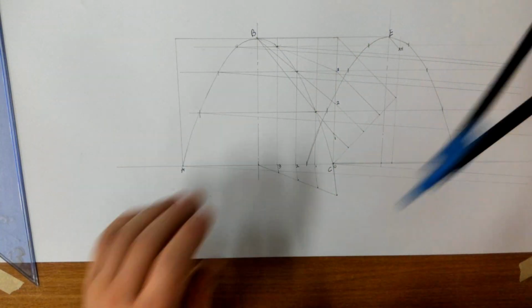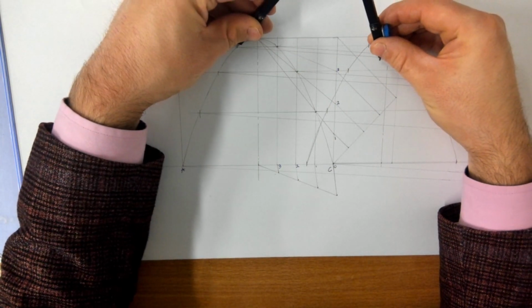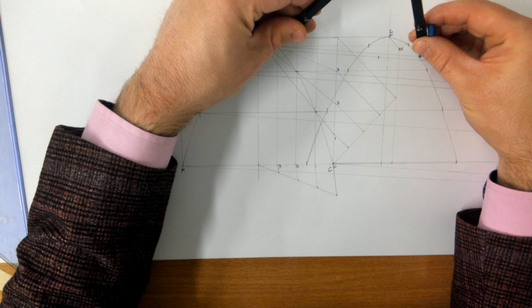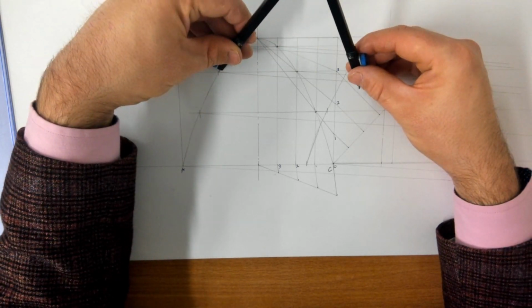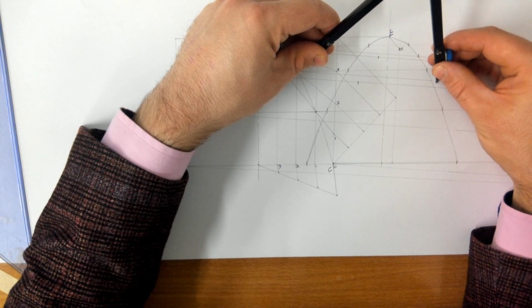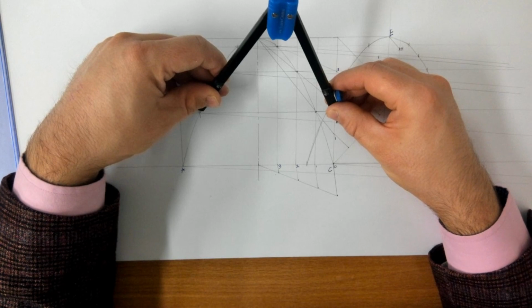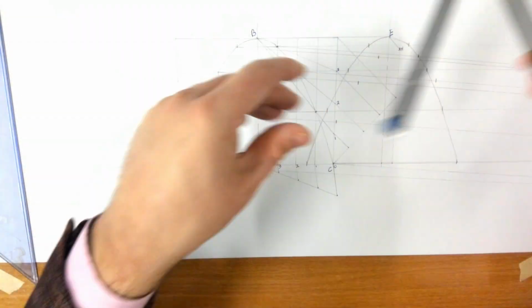Now, set your compass to the distance between B and H, and mark it on your sloped lines. I think I missed one there. I did this one.